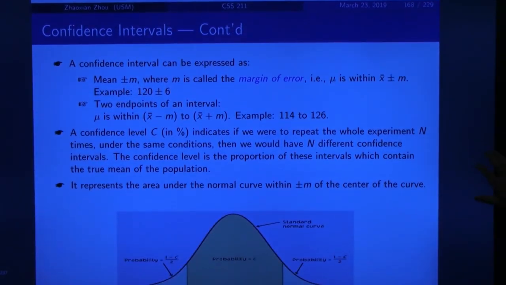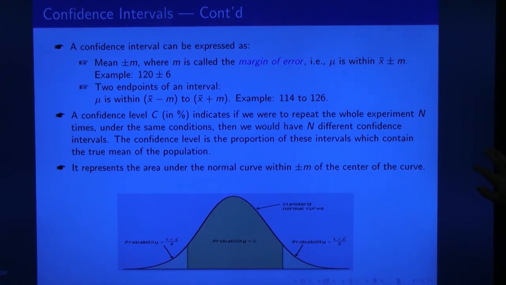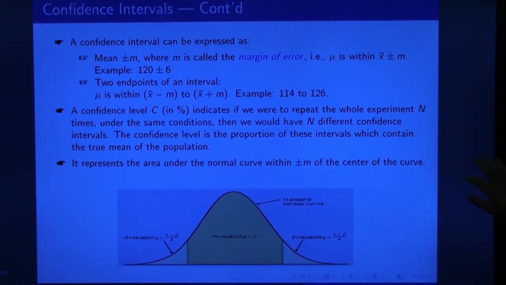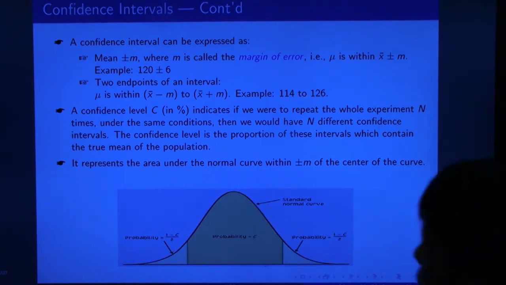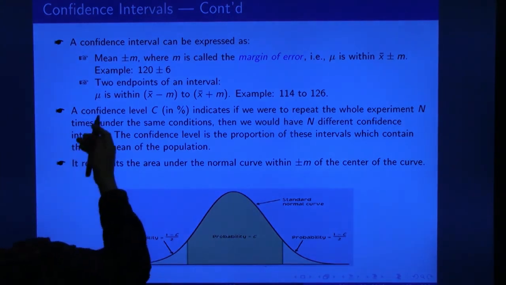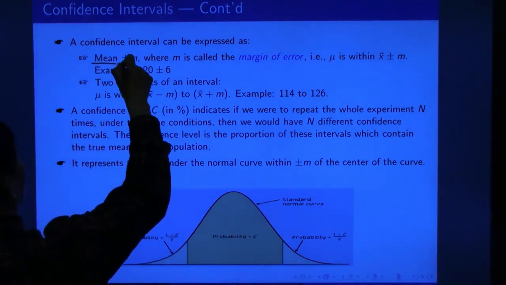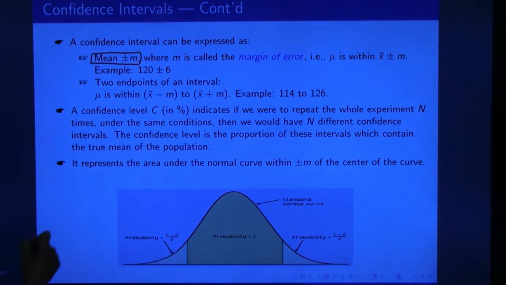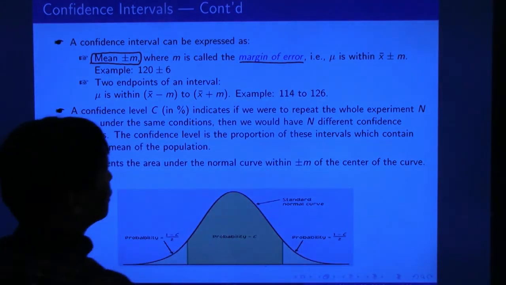We discussed the confidence interval. So how do we write the confidence interval? Basically we have two ways to write it. The first one is we use a mean plus minus m. The m is called the margin of error.